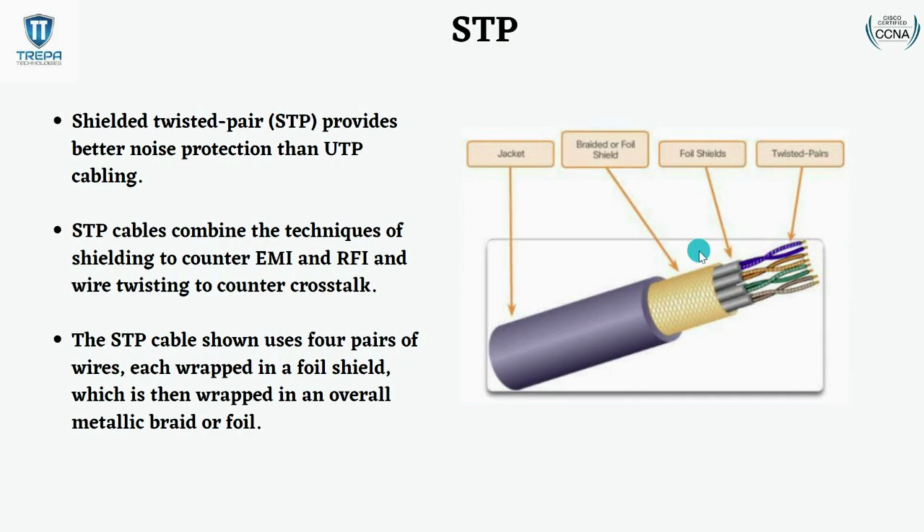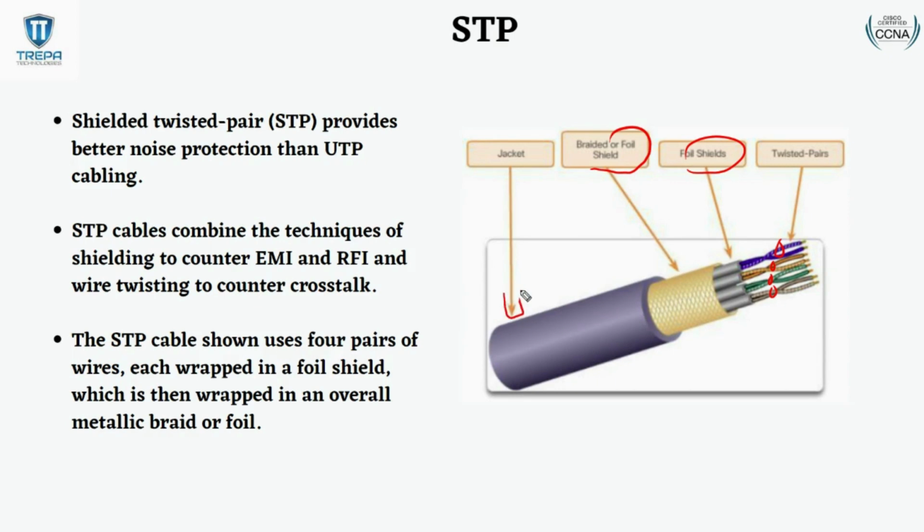And then we have STP, which is shielded twisted pair. So you're going to have the same twisted pairs in there with the same color coordination, but what you're going to have is a lot more shielding for the actual copper cable. So you may have some foil shields here. You may have another foil shield that you'll have to cut off when you're actually doing your crimping.